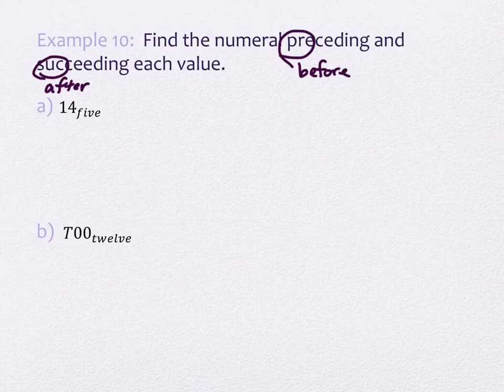The easy one here is the number before. What comes before 14? 13. It doesn't even matter what system I'm in as long as I have enough digits. Before 14 is 13, and this is base 5. So I'm going to write the numbers like they're in order. 13 base 5, 14 base 5. What would come after 14?